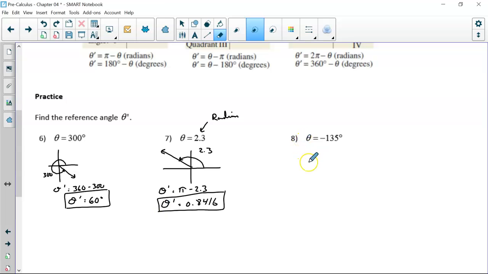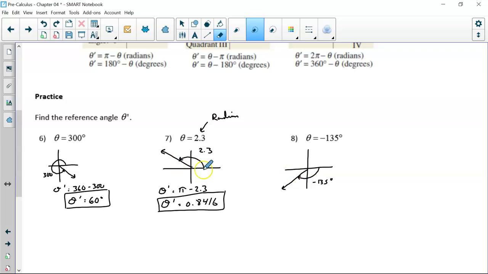And now looking at problem number 8. I always like to draw a little sketch. It just helps me visualize. Negative 135. Now it's negative. We're going clockwise. Now it's going to get us past that axis, but it's going to bring us into quadrant 3. There's my negative 135 degrees.